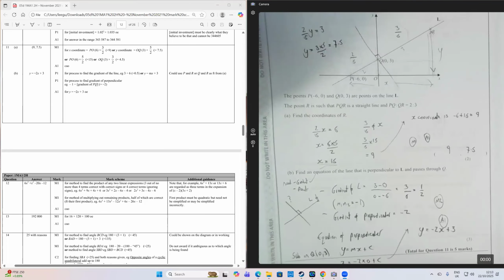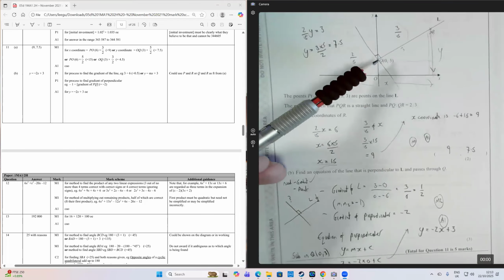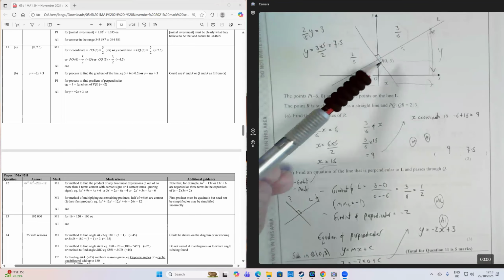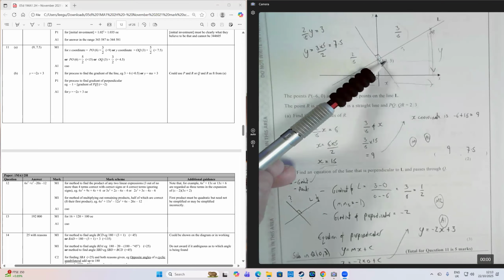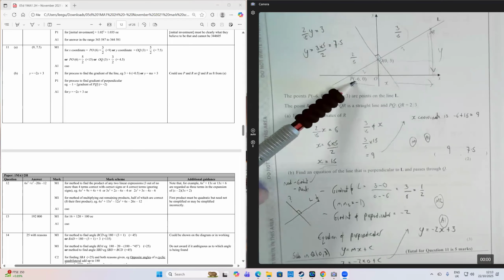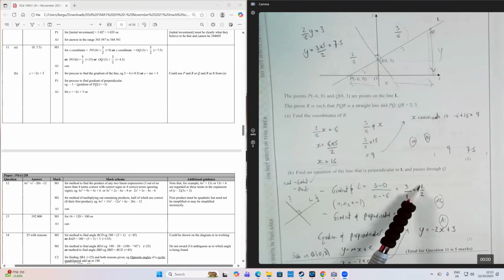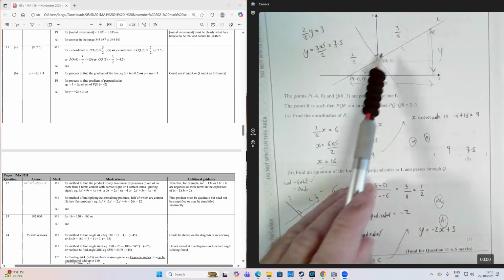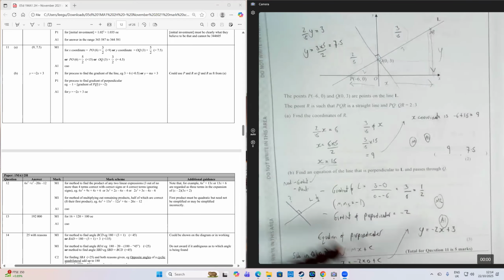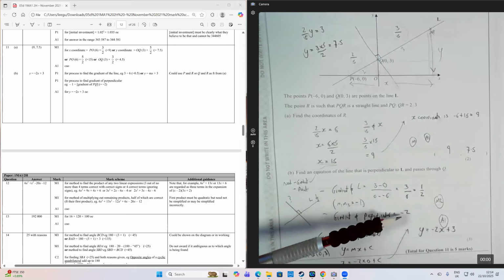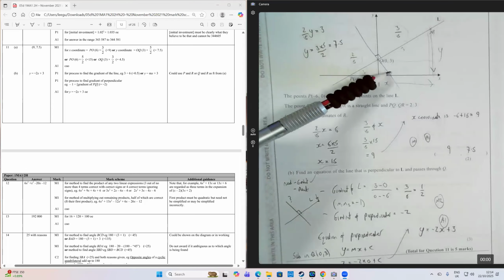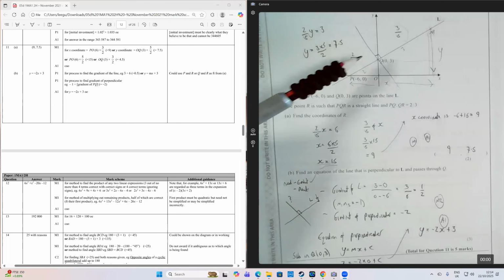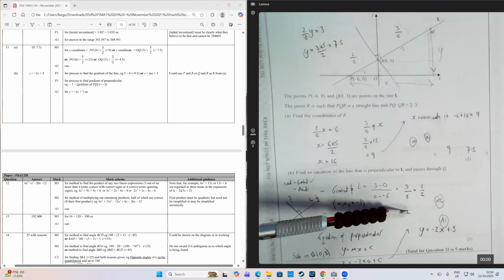So let's use the coordinates P and Q. 3 take away 0 is the change in y, over 0 minus -6, which is 3 over 6, so that's a half. So the gradient of the line L is a half. We flip the fraction, take its reciprocal and change the sign. So the gradient of our line, the normal, the one that's 90 degrees, is going to be -2.